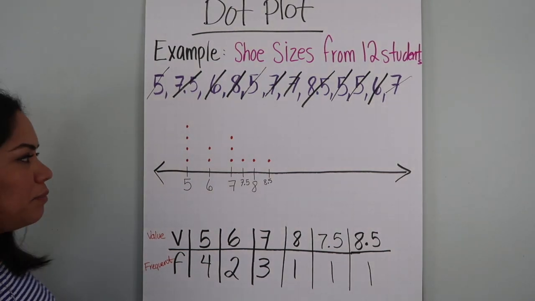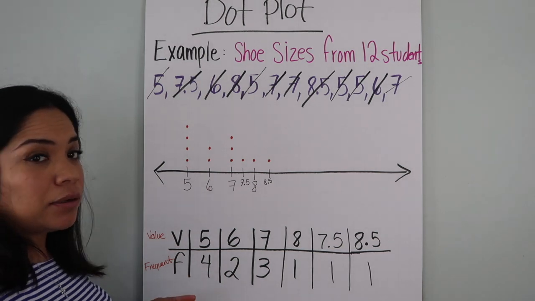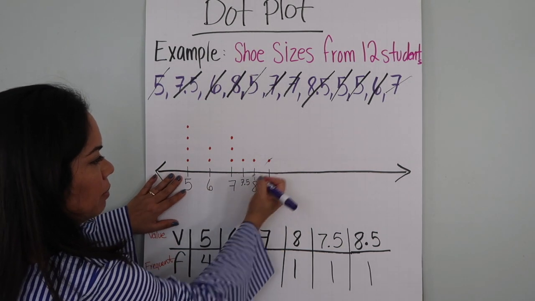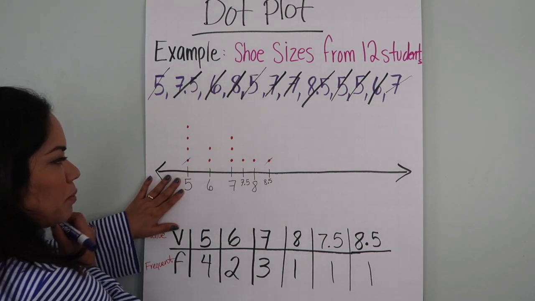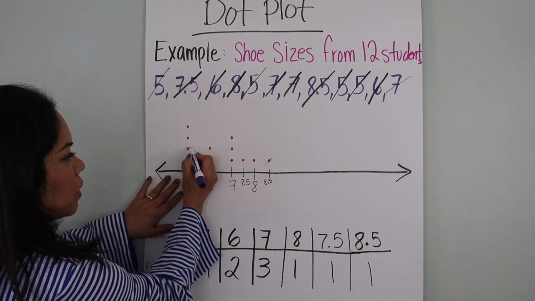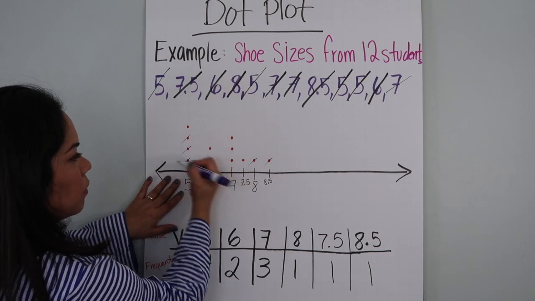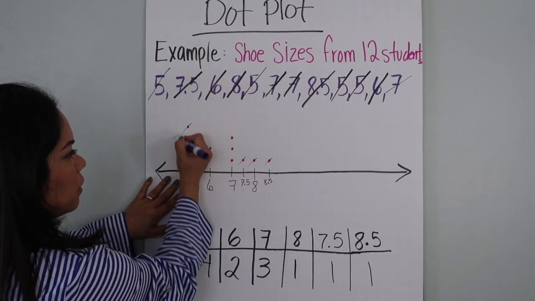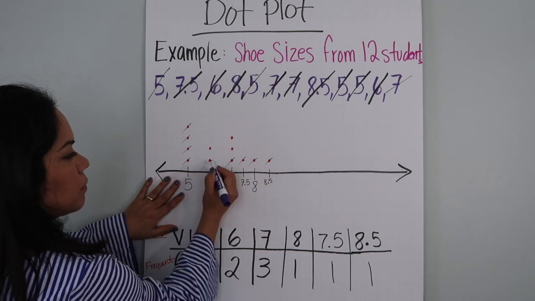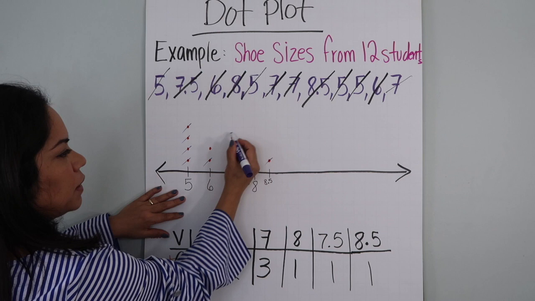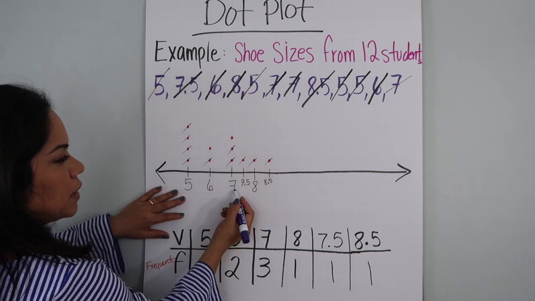The way to find the median, the number in the middle of the data set, using the dot plot, you have to eliminate the outside numbers. Remember I showed you last time? So you start eliminating one on each side. And now you end up having these 2 numbers, which are 6 and 7.